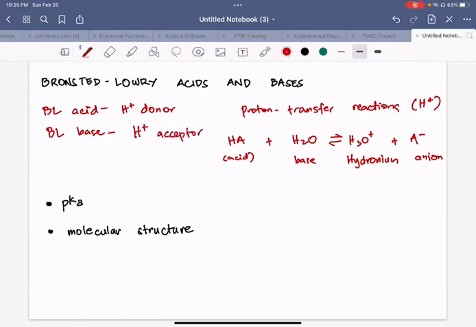So in this typical reaction between HA and water, HA here is the Brønsted-Lowry acid because it donates a proton to water, and water is a Brønsted-Lowry base. It's undergoing a proton transfer reaction.